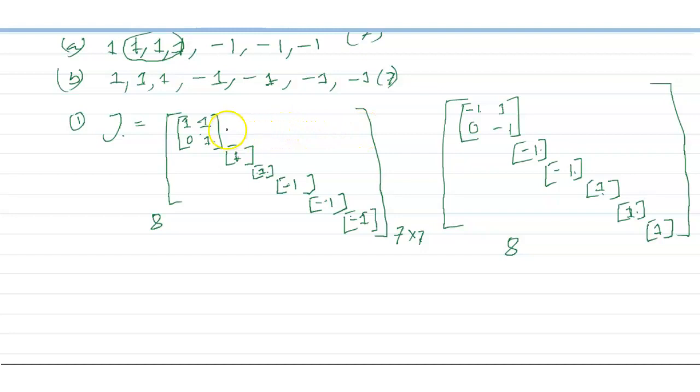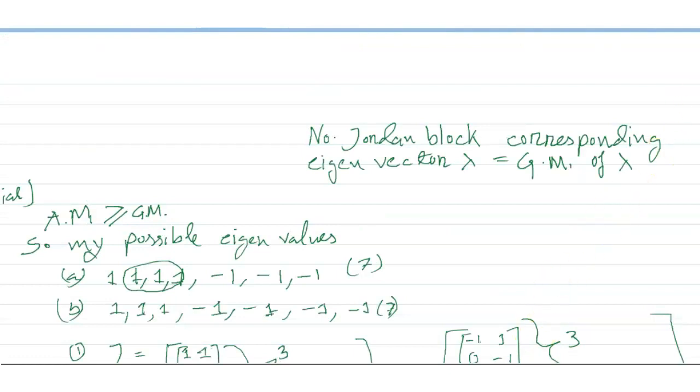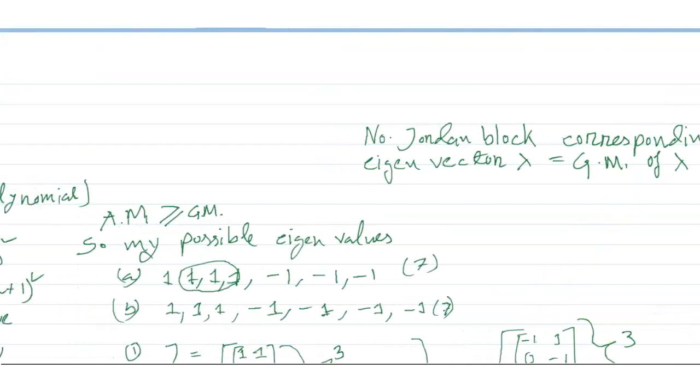So for 1, GM is 3, so the number of Jordan blocks is 3, and for minus 1 the number of Jordan blocks is 3. In both cases you get 3. This is the main reason why GM of lambda is 3.